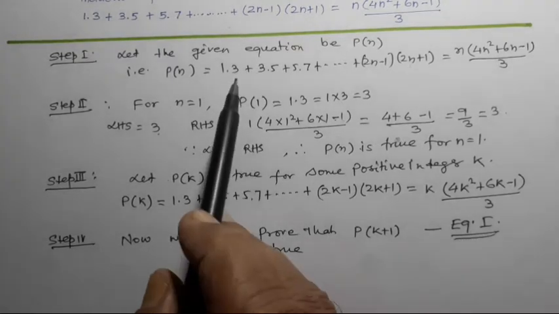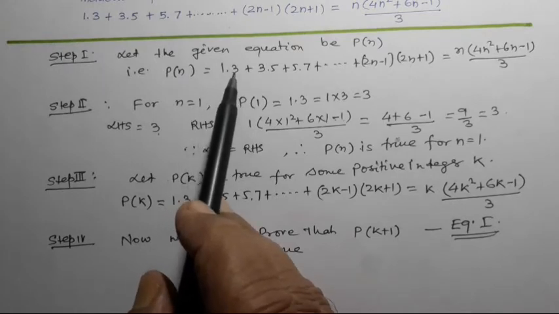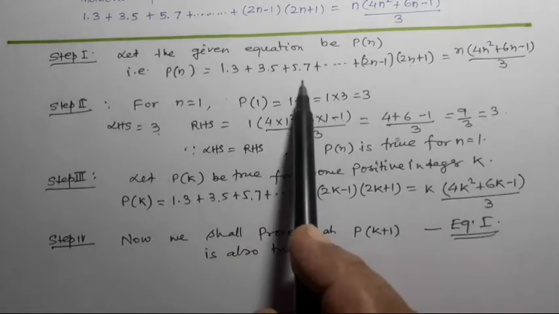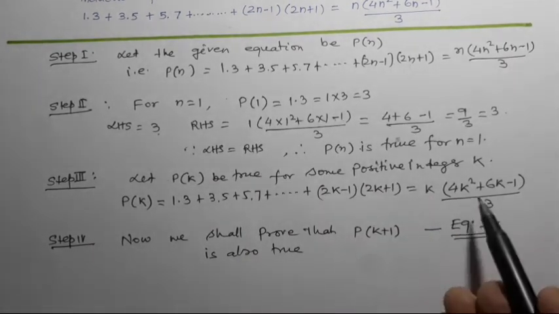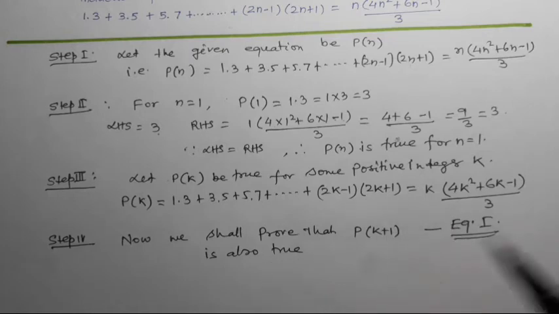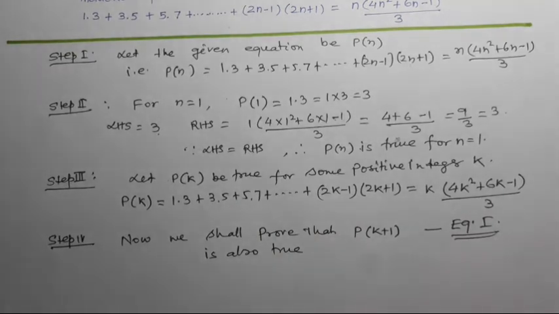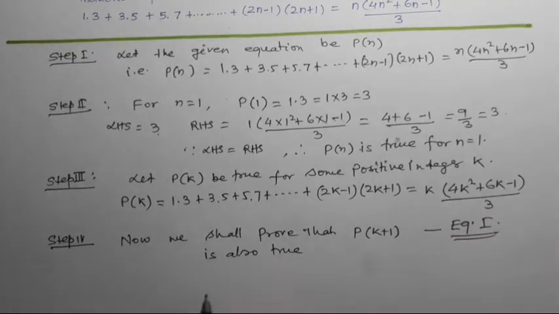So first one number 1.3, n is equal to 1. k is any integers, positive integers, that may be second term, third term, fourth term, and if this and next term will be k plus 1, if this will be proved, automatically this both will be proved, and it means this is true for all the terms, right? So step 4 is now we shall prove that P of k plus 1 is also true.